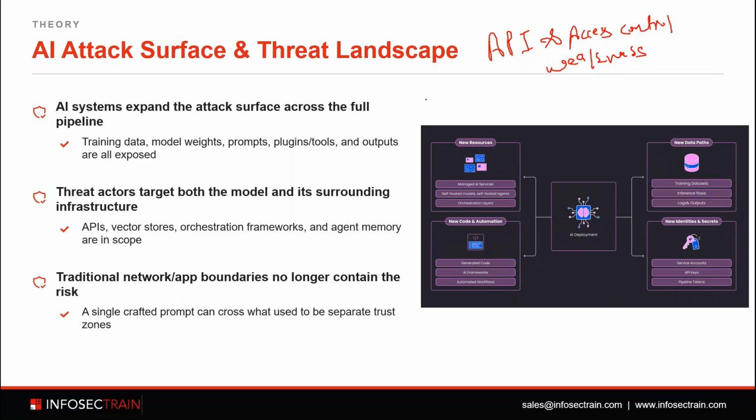There can be supply chain risk, right? So compromising AI model repositories, agent marketplaces, or the CI/CD pipelines, right?